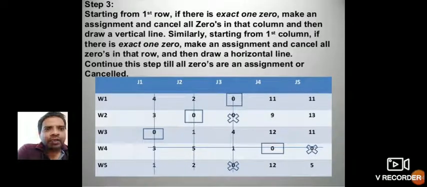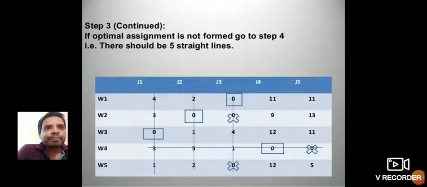Here how many lines can we draw, horizontal and vertical, to cover all zeros? Minimum number of lines, that is very important. 1 2 3 4 lines, 3 vertical lines and 1 horizontal line. Now please check it.